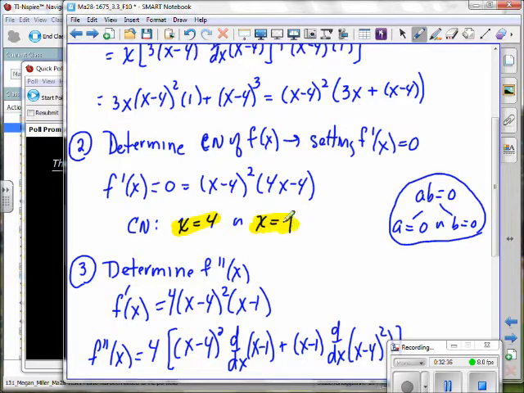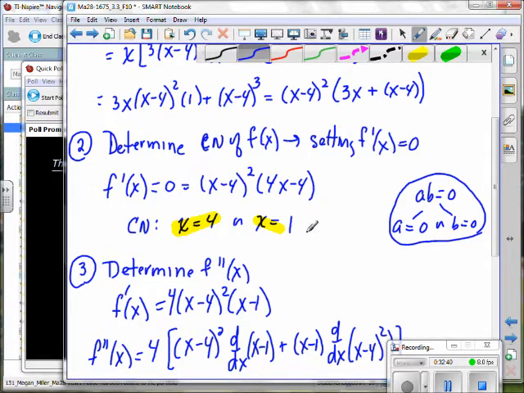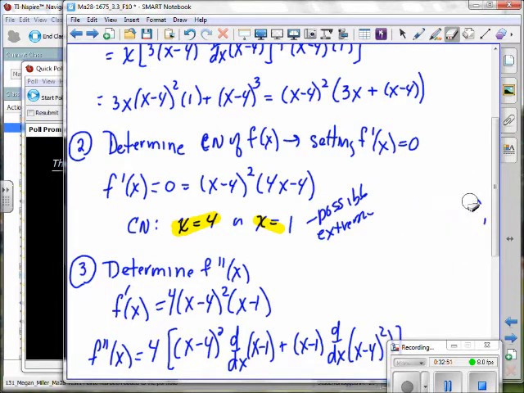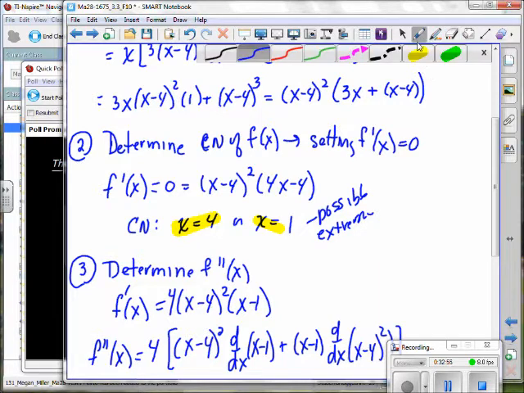Right here. These are possible what? Possible extrema, okay? We don't know if they're maxes or mins, do we? We just know that they're possible extrema. Don't know which one they are.